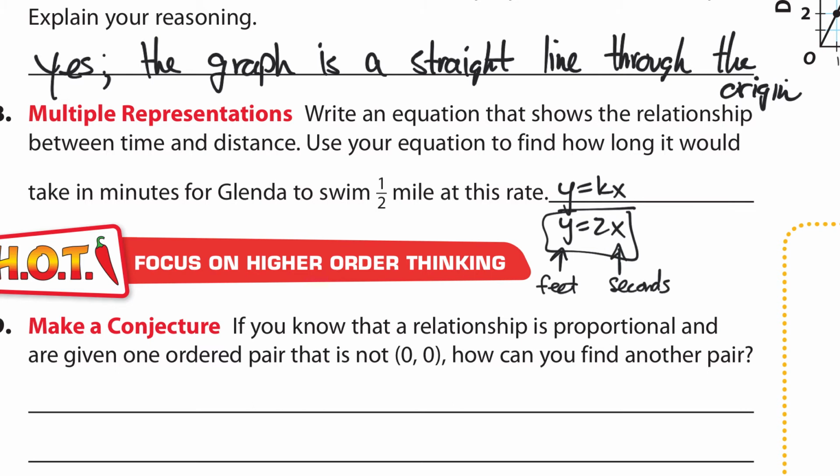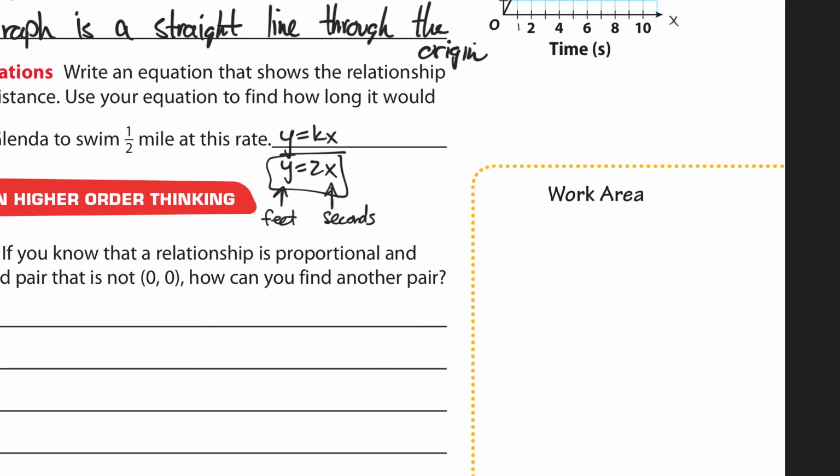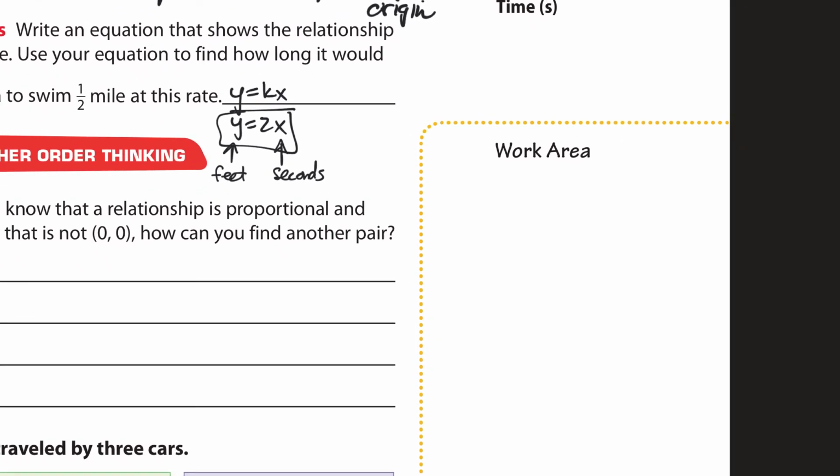So what we've got to do is figure out how long in minutes. See, they want us to find the minutes right there. So we've got to do a few things. I'm going to need some room for this one. Okay, we've got a work area here. 1/2 mile, how many feet is that?